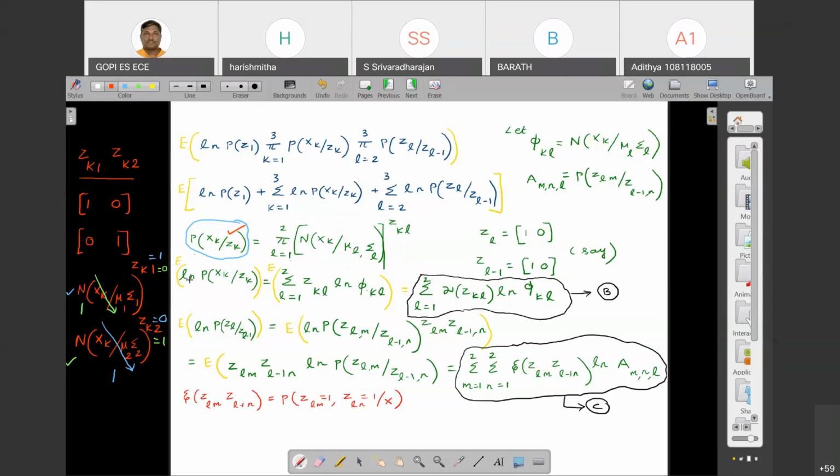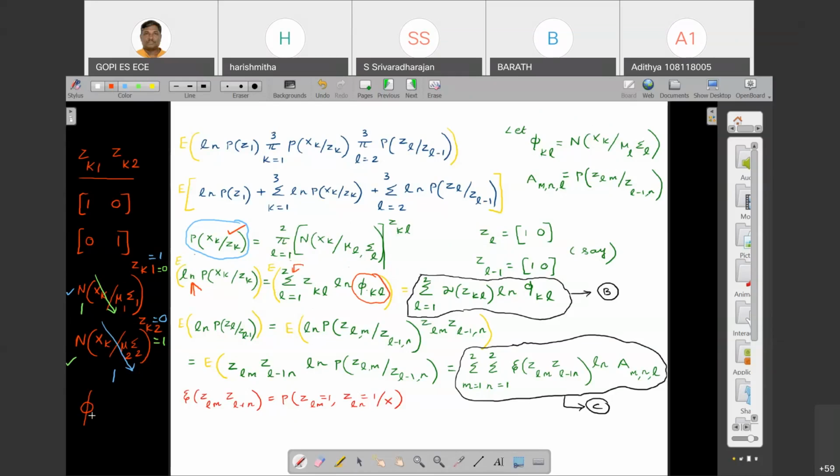So when you take this expectation after taking the logarithm, this product is actually becoming a sum, and ZKL is coming here with ln of this normal distribution. The shortcut I am representing is phi KL. Don't get confused.